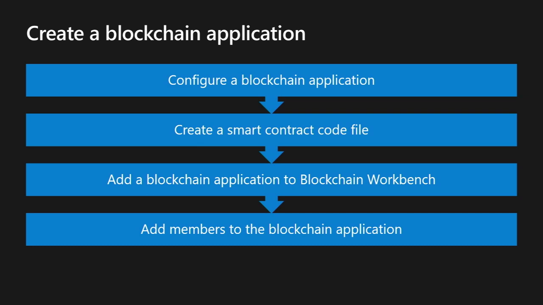Now, the idea is that Microsoft will invest and add new types of ledgers to this blockchain workbench, but as of today, it's just Ethereum and therefore Solidity. If you have those 2 files, then you add those 2 files to the blockchain workbench, and you add members to use the application effectively.